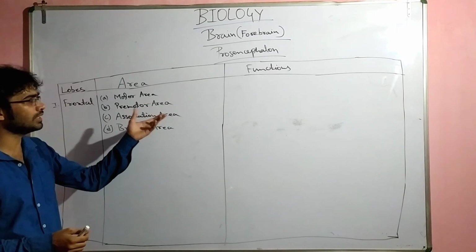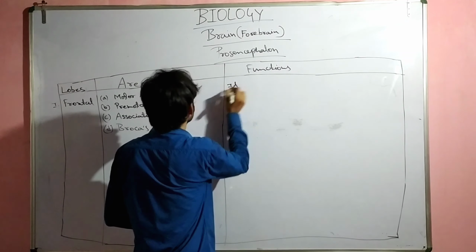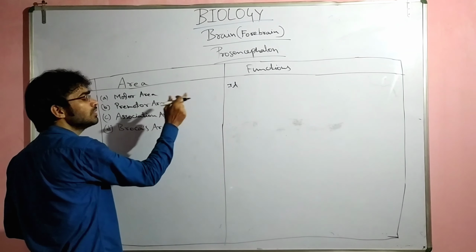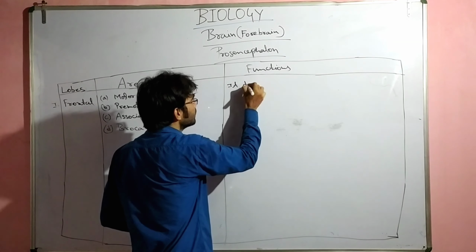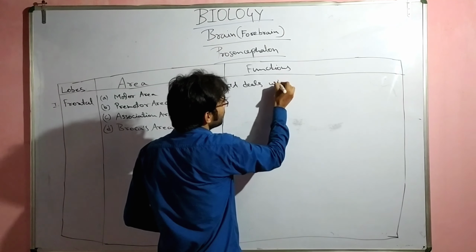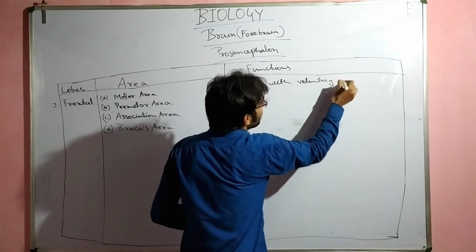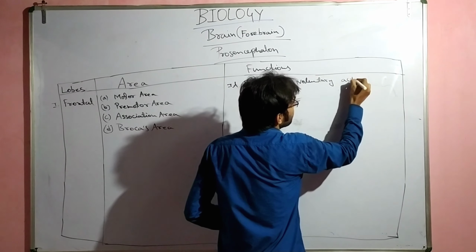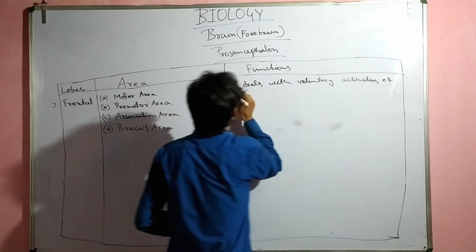It deals with the voluntary activity of muscles. That is the main function it deals with. Students, please focus here, I'm talking about the motor area. It deals with voluntary activities of muscles.